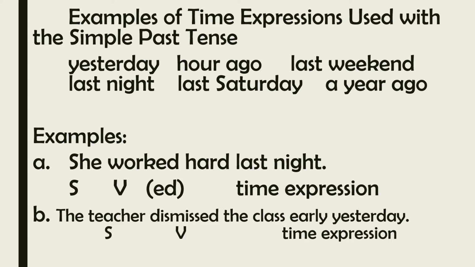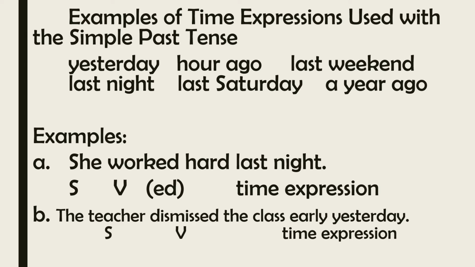So she worked hard last night. The time expression used in this sentence is last night. The time expression expresses that the event happened last night, so it was already in the past form of the verb.